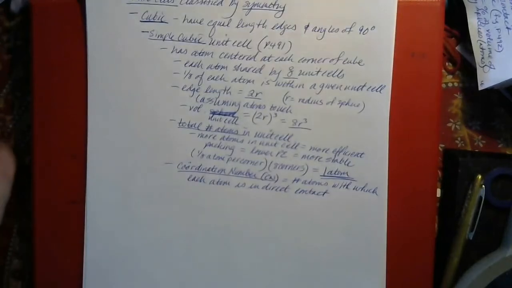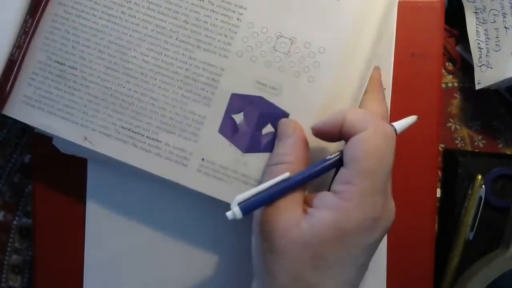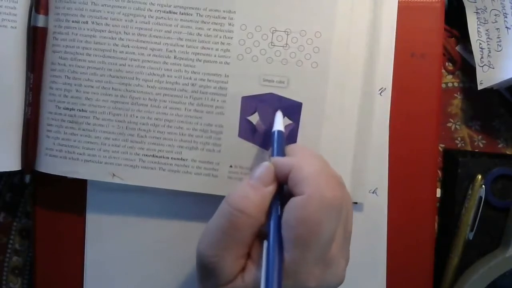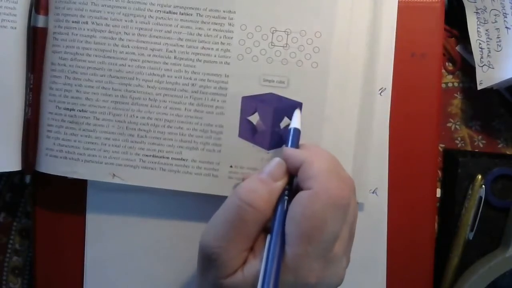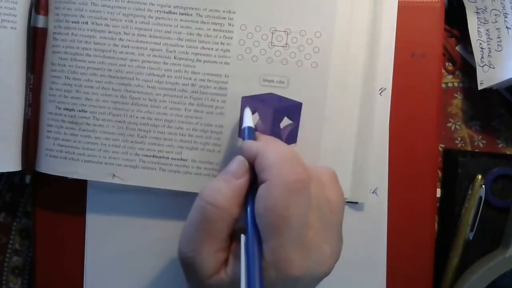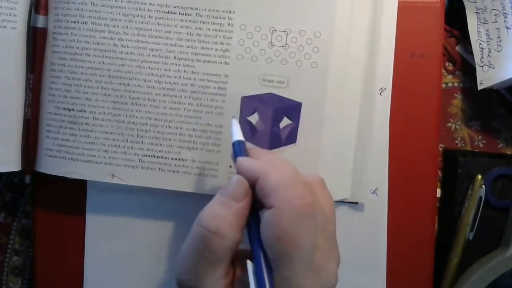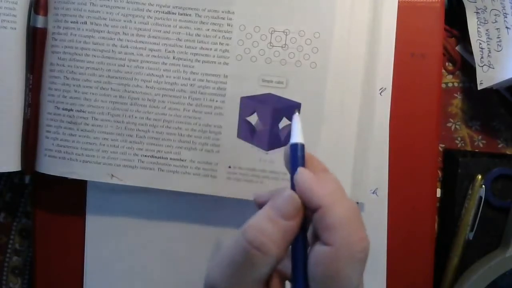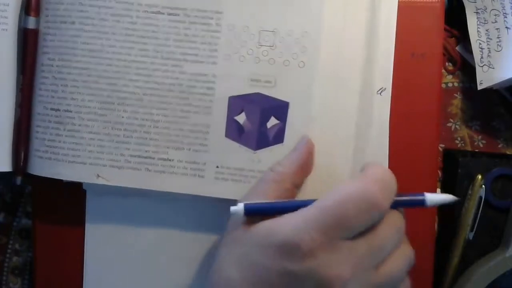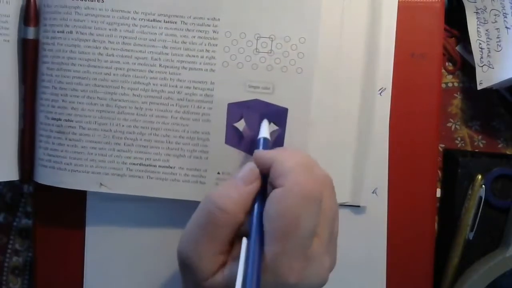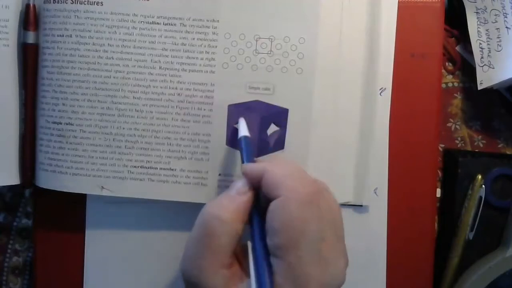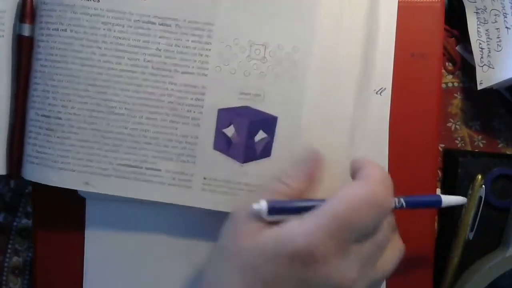Okay, and for simple cubic, you could look here and see, okay, we'll choose this atom here. It's in direct contact with this atom and this one, plus the same number up above.